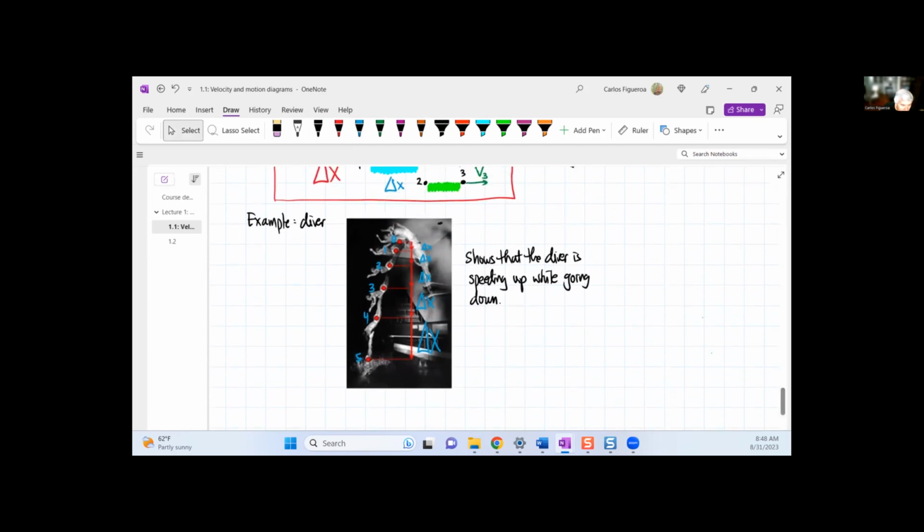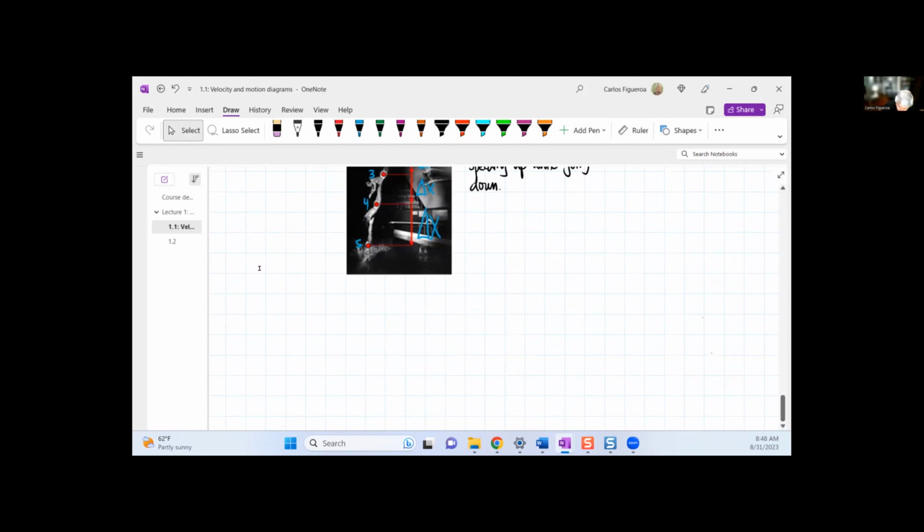So from here, now I'm going to go to the second case, and then we want to start to look at examples. Our second situation is that we're going to be looking at constant speed while changing direction.